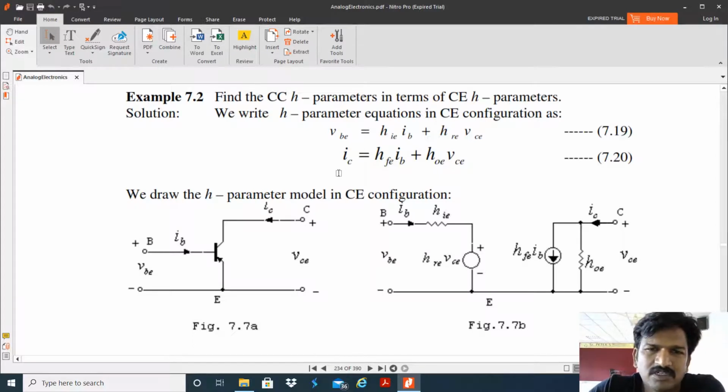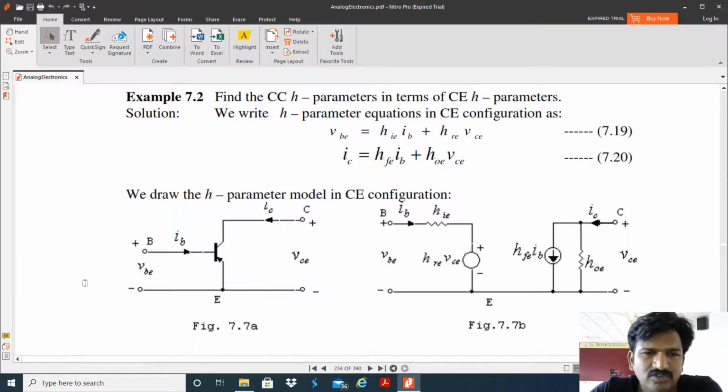Then the output collector current is IC equal to HFE IB plus HOE VCE. According to the previous video, we explained how to write the equations corresponding to the different configurations.